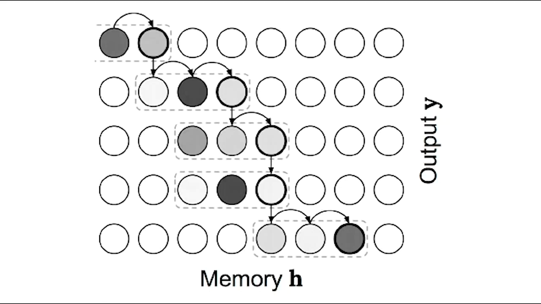And here I'm showing a chunk size of 3. So the memory entries shown in bold circles are the ones the monotonic attention mechanism decided to attend to. So this gives you the ability to do a soft attention, but it's still online in linear time. And we call this attention mechanism MoChA, for monotonic chunkwise attention.